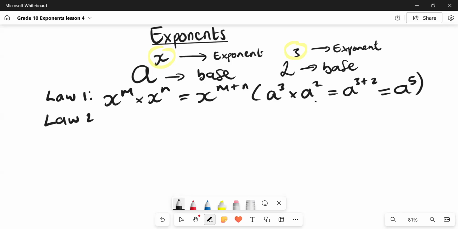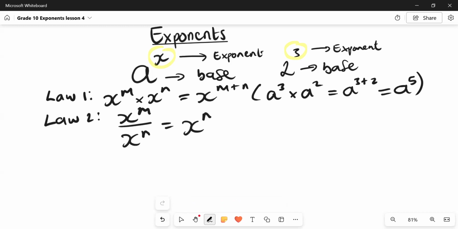Law number two is about dividing same bases, and then you subtract the exponents. So when you divide the same bases, you make sure that you subtract the exponents. The example there, you have your 6a to the power 8 divided by 3a to the power 3.